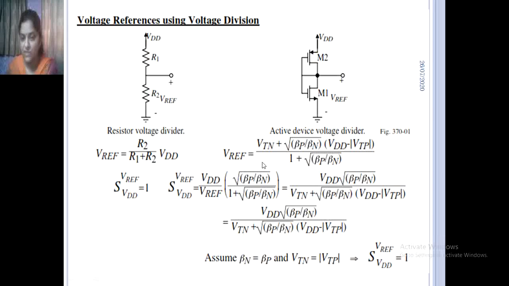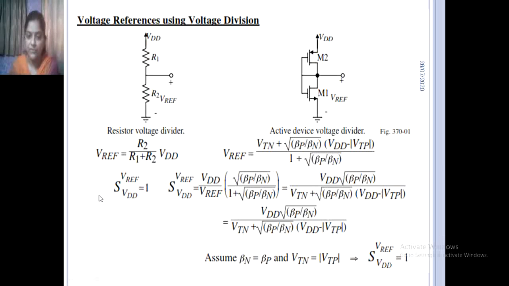So V reference is equal to VTN, that is threshold voltage, plus the square root of the ratio of the P type MOS beta factor and N type MOS beta factor, times VDD minus VTP, that is pinch off voltage, divided by 1 plus the root of this factor.